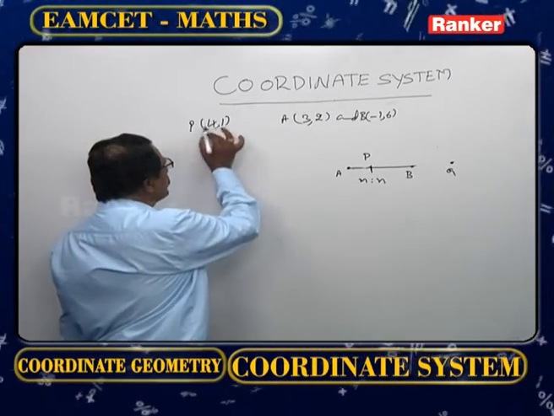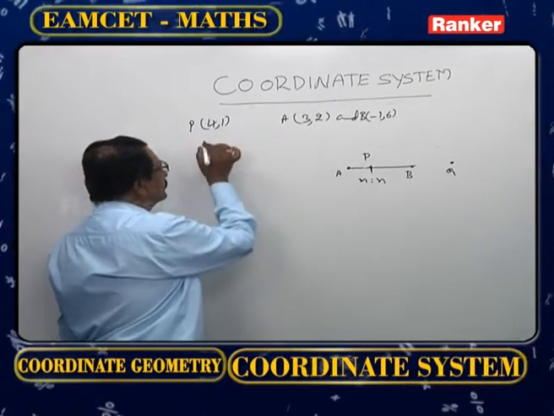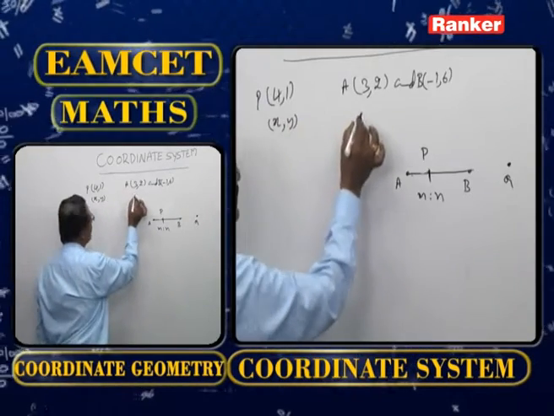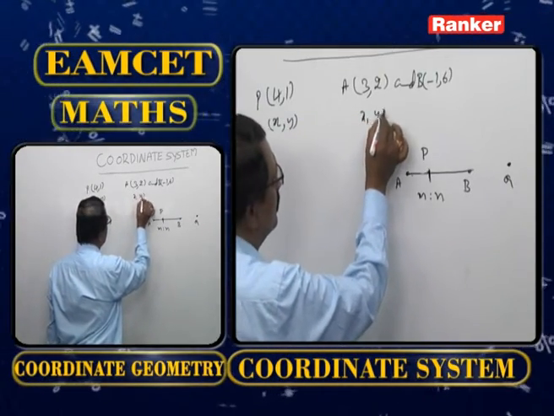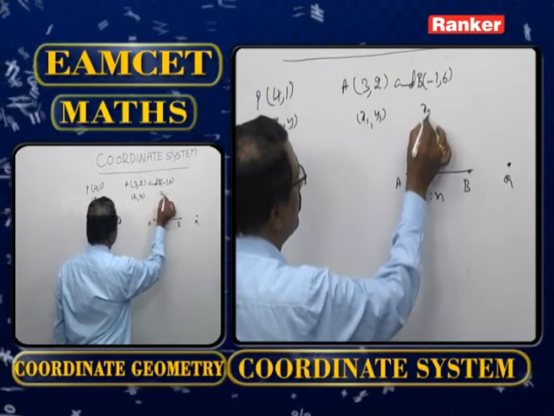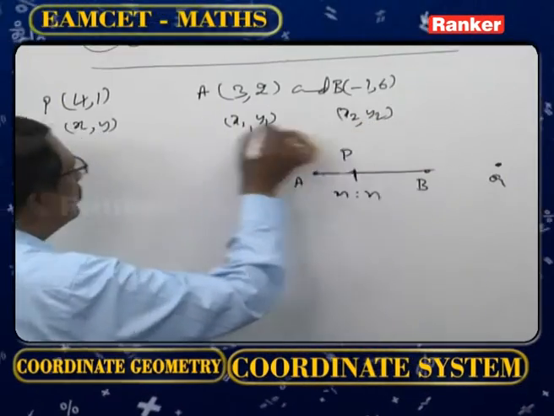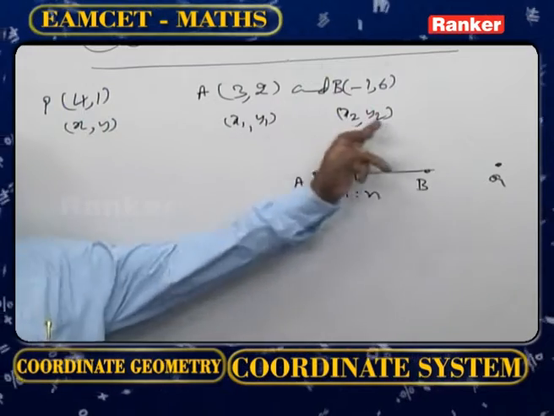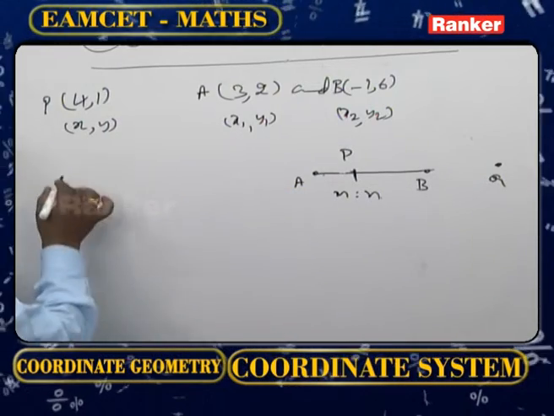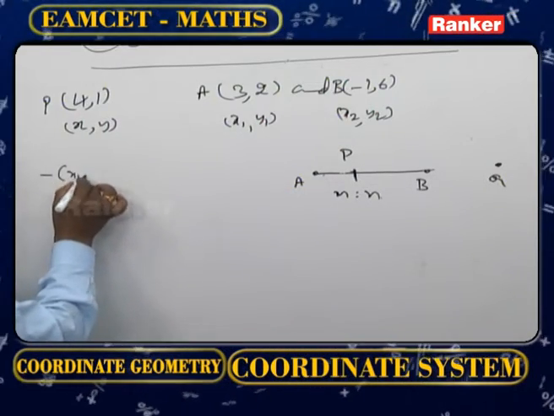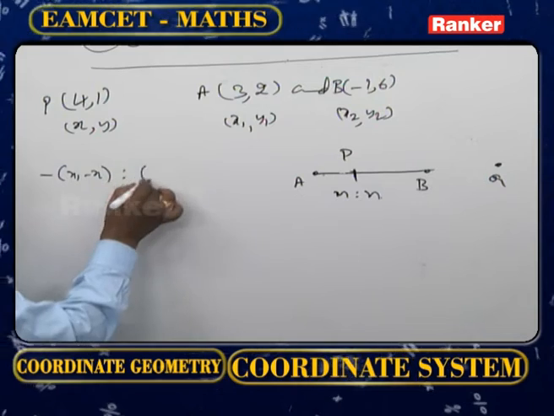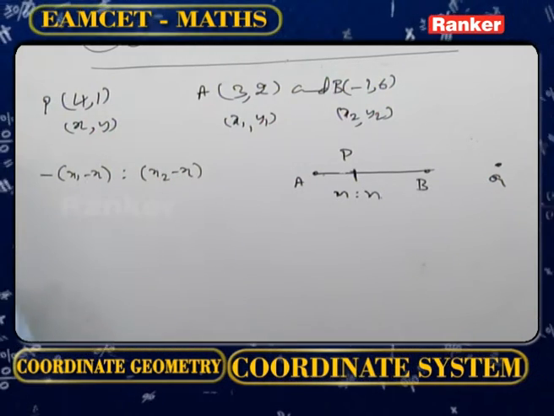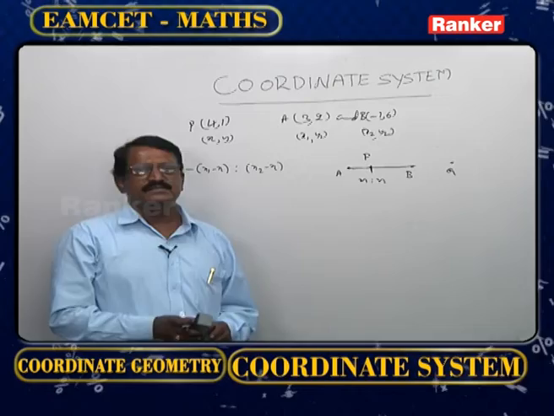First, the point P divides AB in the ratio. Take P(x, y), A(x1, y1), B(x2, y2). The point P(x, y) divides the line segment AB in the ratio -(x1 - x) : (x2 - x).